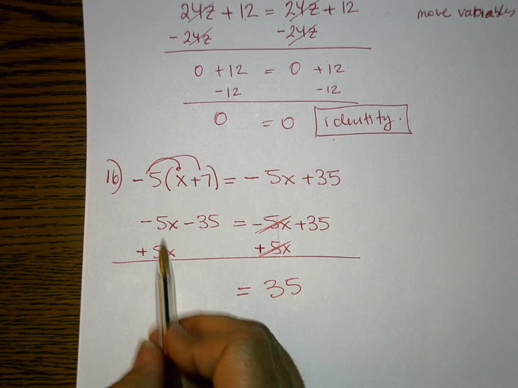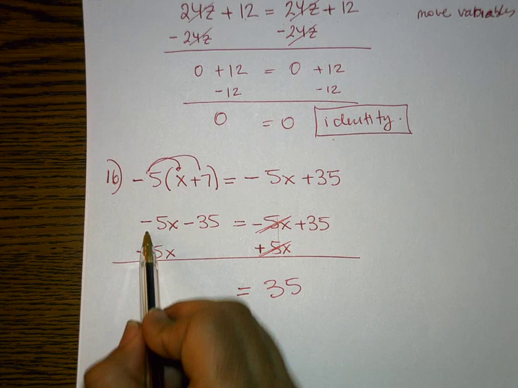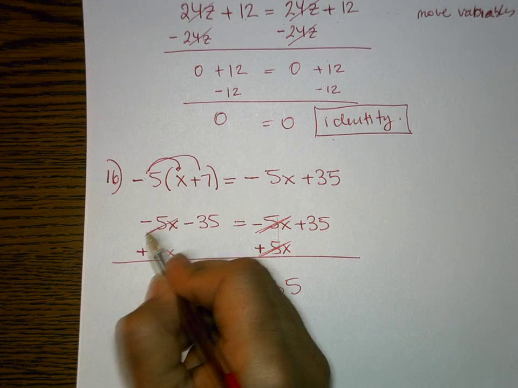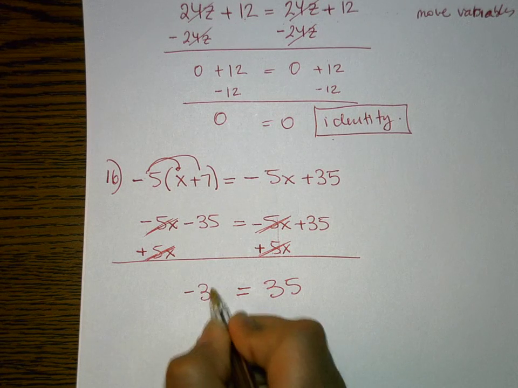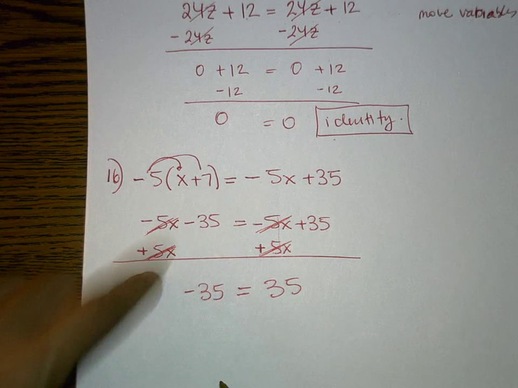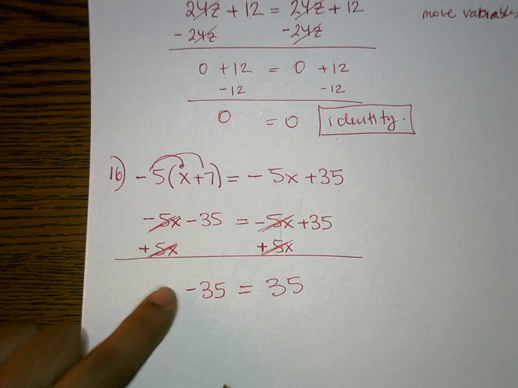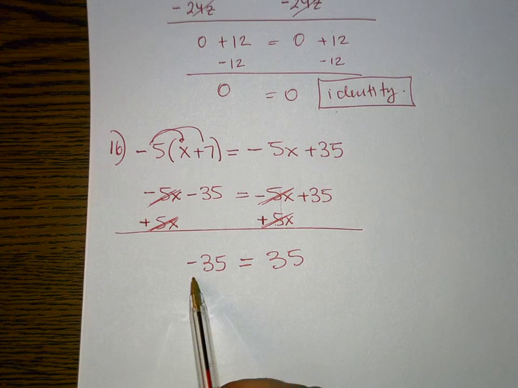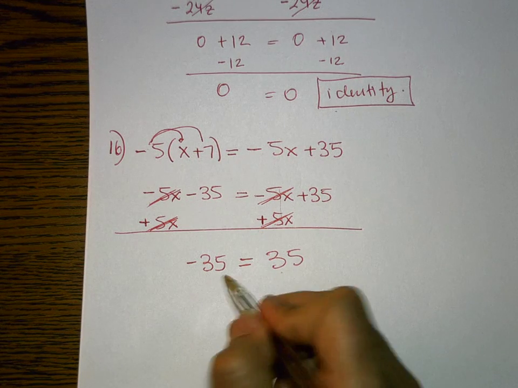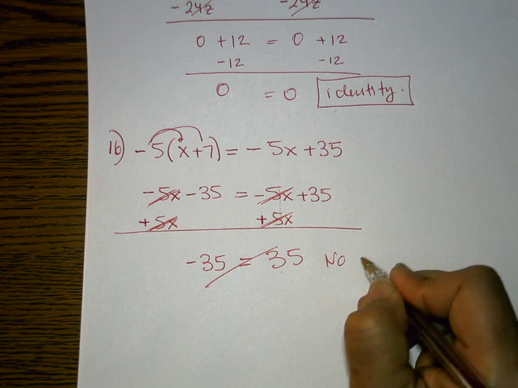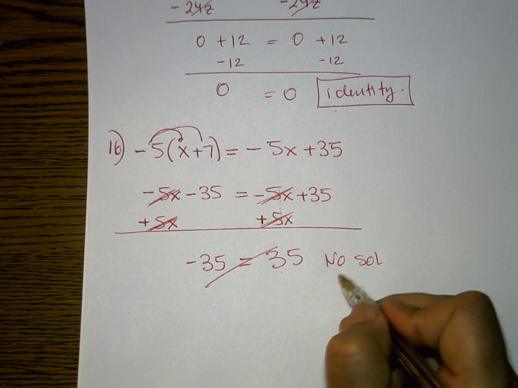And over here, a negative 5x with a positive 5x is 0, and that equals negative 35. So does negative 35 equal 35? I don't think so. They don't equal each other. This is no solution.